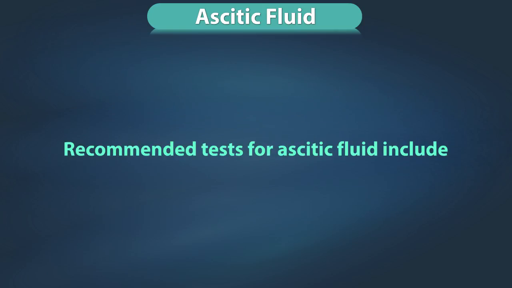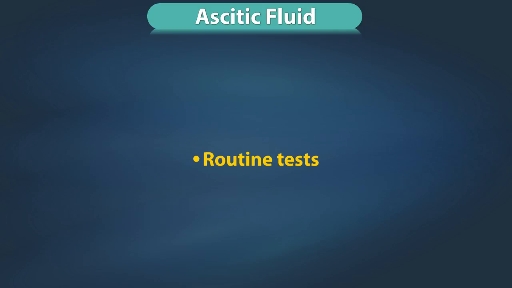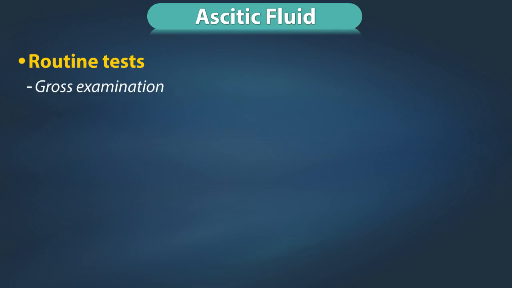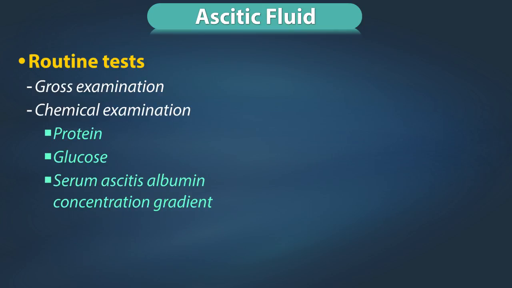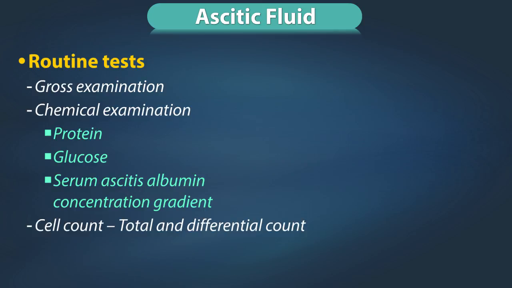The recommended tests for ascitic fluid include routine tests, which involve gross examination, chemical examination for protein, glucose, and serum ascites albumin concentration gradient, cell count, including total and differential count, cytology, culture, and Gram stain.